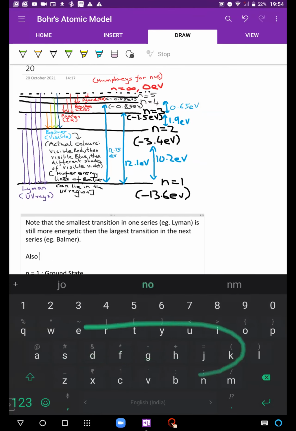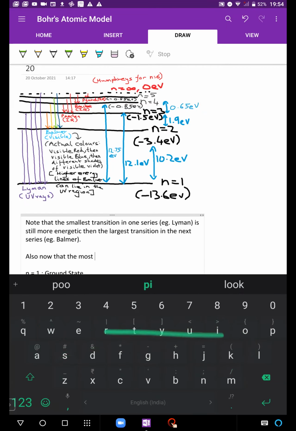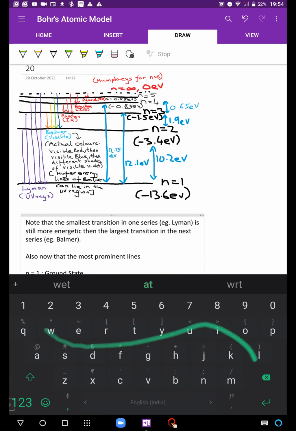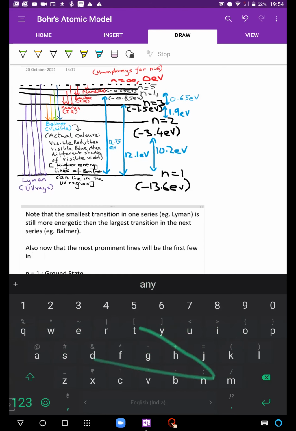Also note the most prominent lines will be the first few in any series.